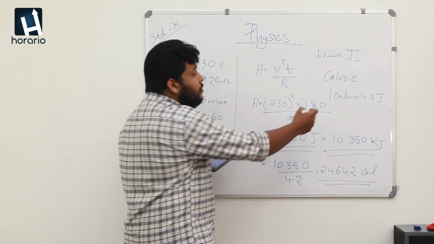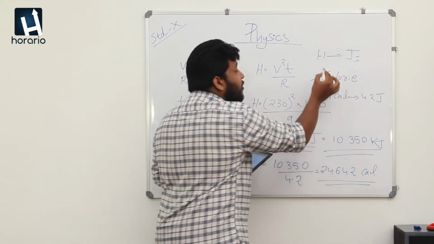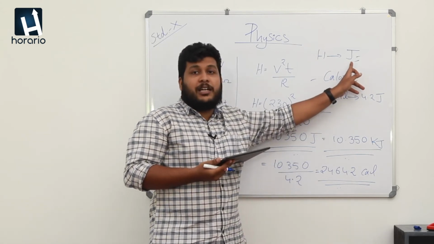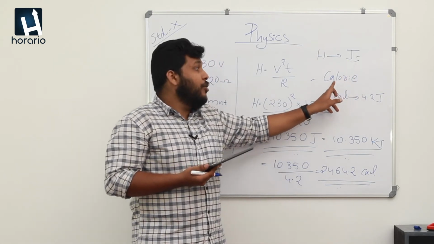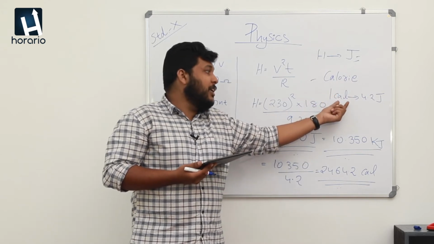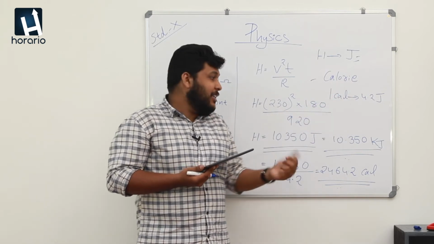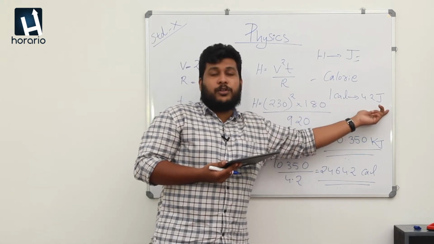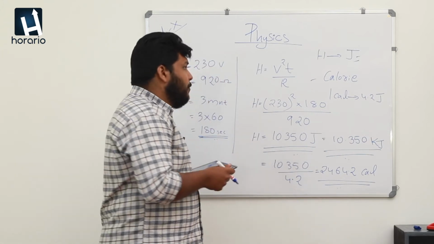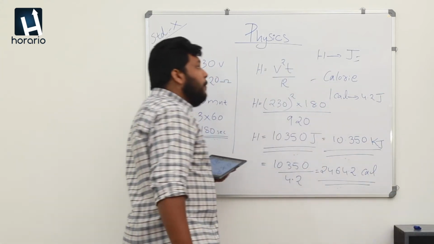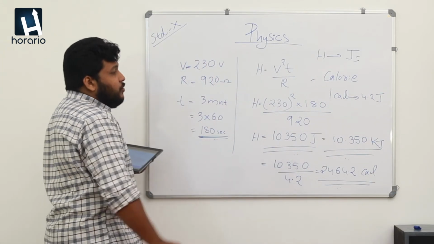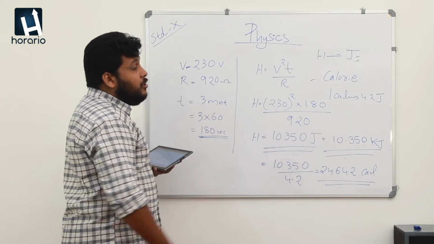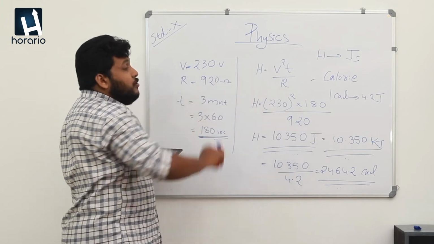So, we can use two types of units for heat energy. They are joule, represented by the letter J, and also calorie, represented by the letters CAL. And the conversion will be like this: 1 calorie means 4.2 joules. Some problems will give the energy in joules or in calories, and we want to convert it into joules before we start to solve the problem.